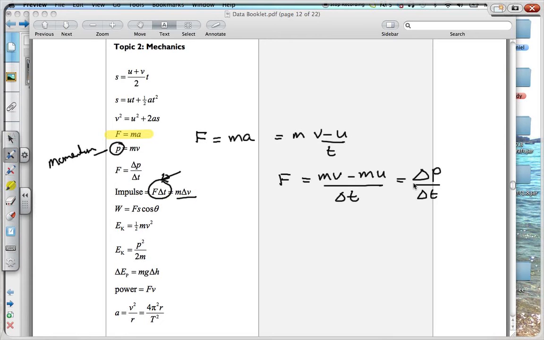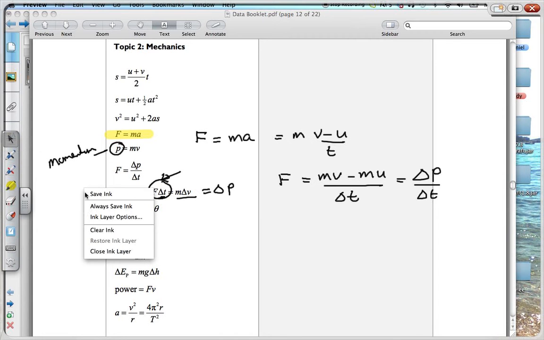So Newton's second law can be rewritten as: the force is equal to the rate of change of momentum. Your impulse is the force times the time that the force acted on the body, and it is equal to the change in momentum. Alright, good. So that's to do with force, Newton's second law, and impulse and momentum.